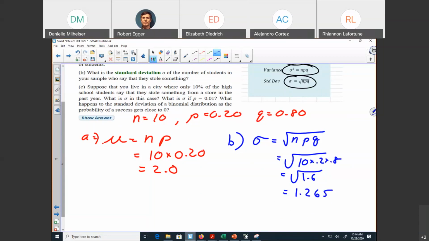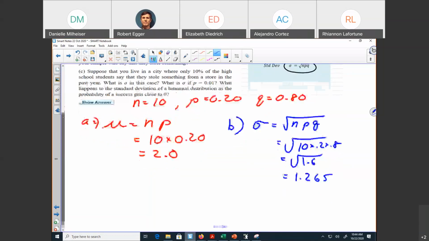All right, so now for C. Now N is 10, P is 0.1, which makes Q 0.9. What's sigma going to be?